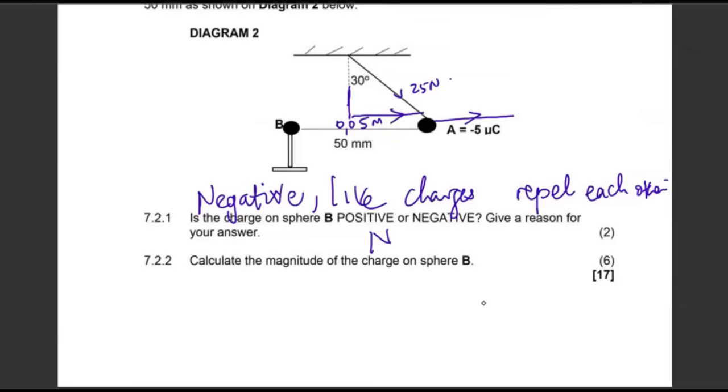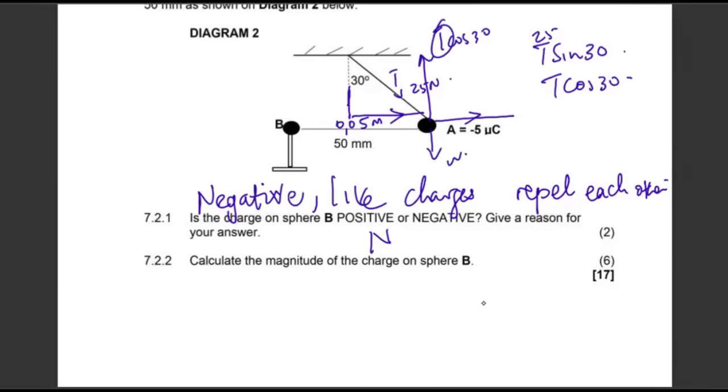So my horizontal is going to be T sine, which is 25 sine, and then my vertical is going to be T cos of 30, and this T cos of 30 is also equal to the weight.